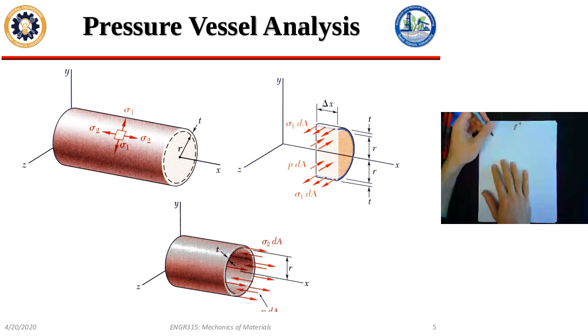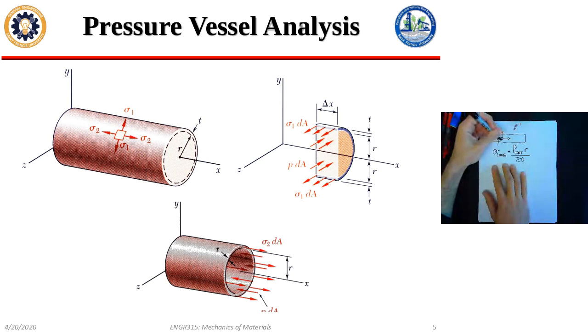If I'm looking at my pressure vessel again, and I look at a cube on it, I see stress going in the longitudinal direction, which Monday we said was equal to P internal times R over 2T.